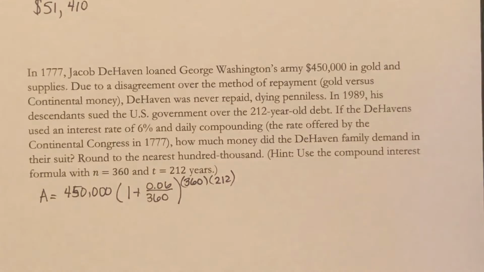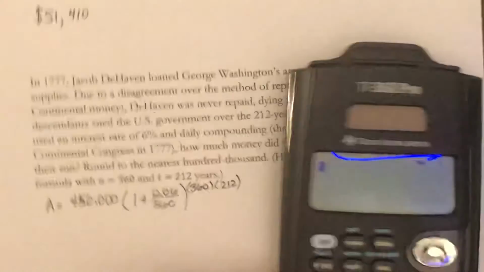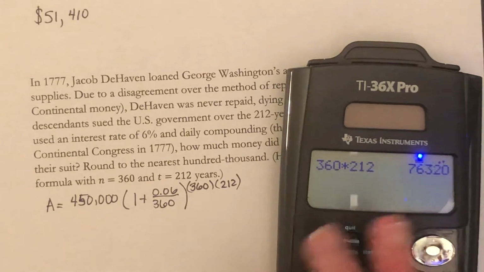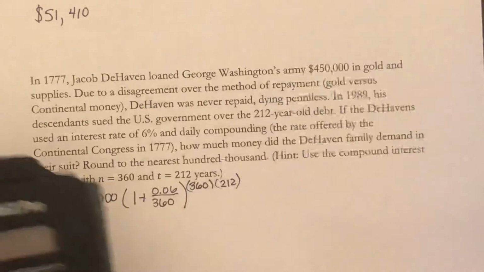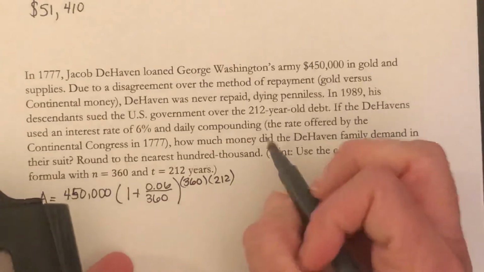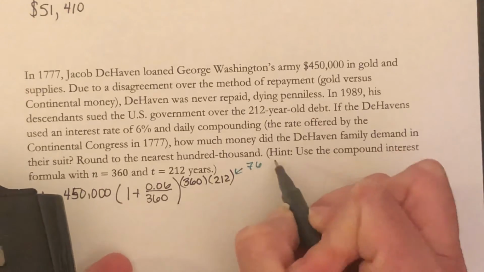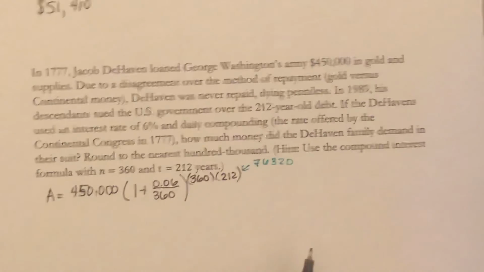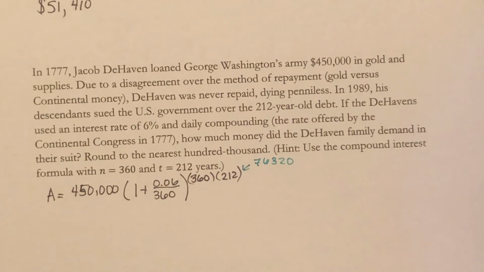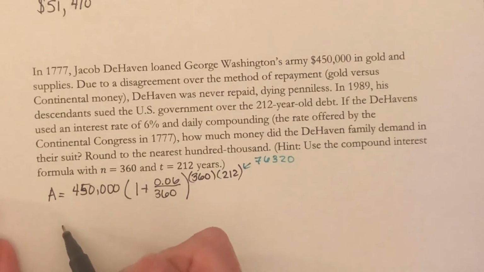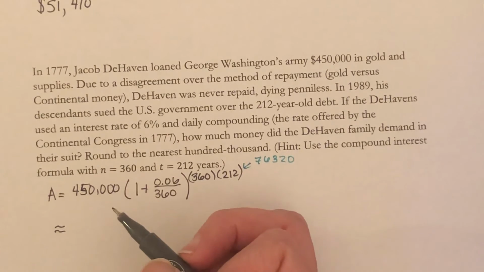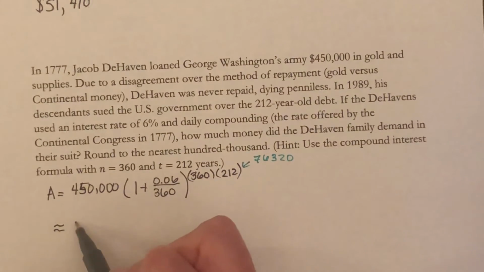Okay. So what is 360 times 212? 76,320. Okay. And now you start plugging this into your calculator. And I'm going to ask that you trust me on this. And the value I get on my calculator is this.